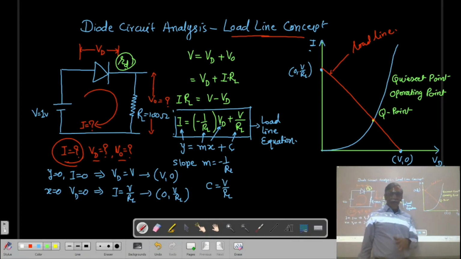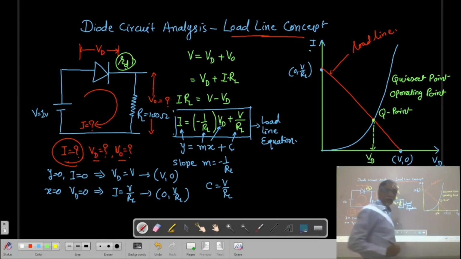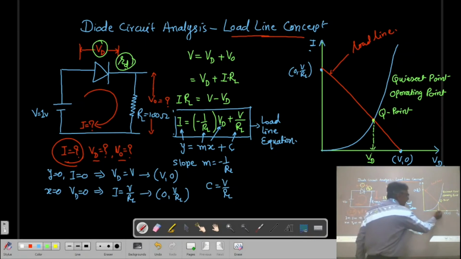So what does this represent? If you find the coordinates of the Q point, one represents a voltage, and that voltage is VD, the diode voltage. Whatever the voltage across the diode is, you can find it from this graph. How much current is flowing?